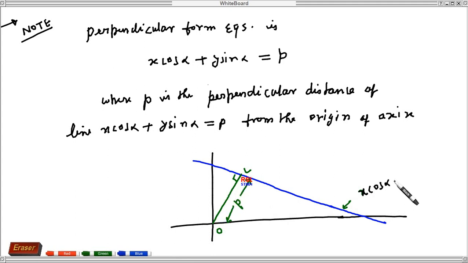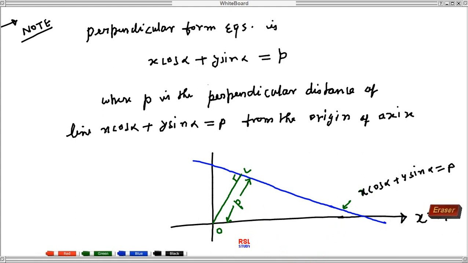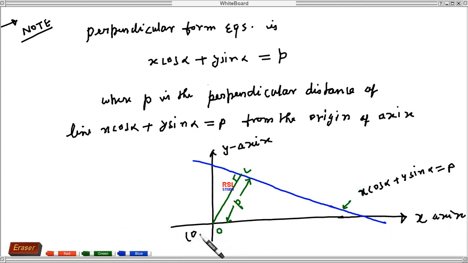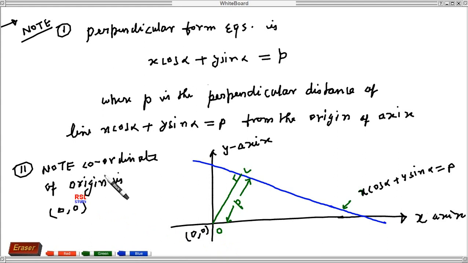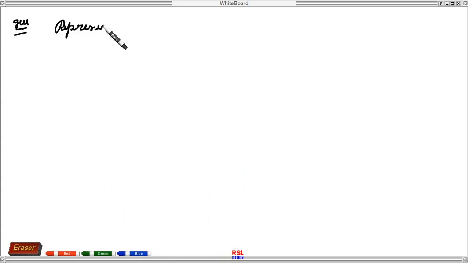This is the perpendicular distance because it is making 90 degrees with the line. This is x axis and this is y axis. This is origin O. Note the coordinate of the origin is 0, 0. This must be clear to all of you.